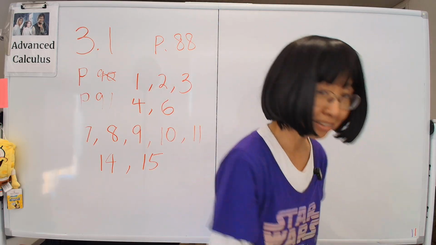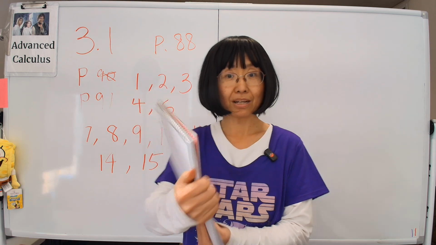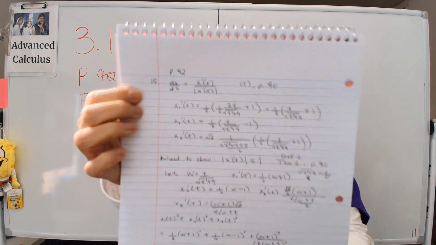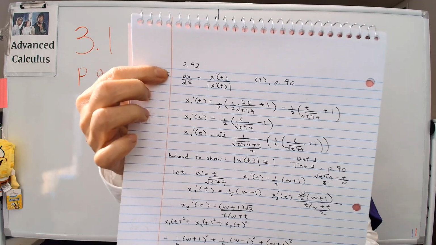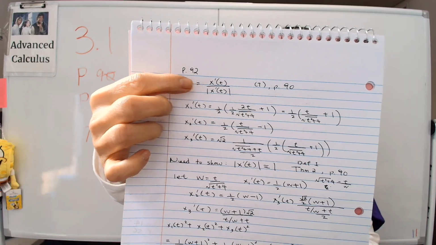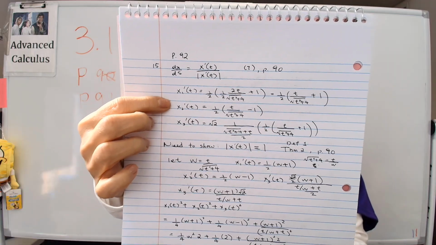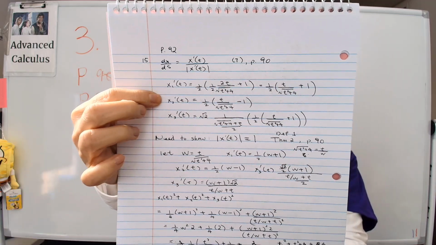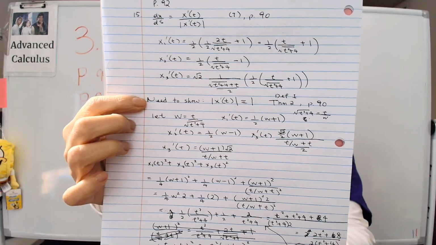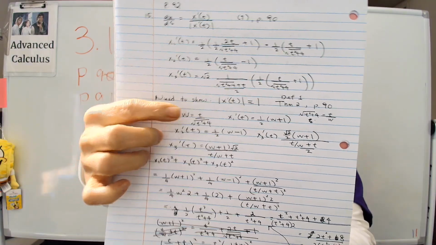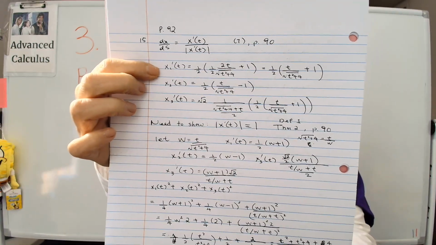Until you get to calculating it and realize that you're confronted with a giant amount of algebra. So I started doing that. We just need to prove that the magnitude of x prime of t equals 1. Given x1, x2, x3, we calculate the derivatives. So far, so good. But look how much stuff we're going to be squaring.